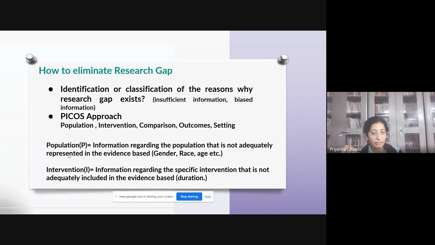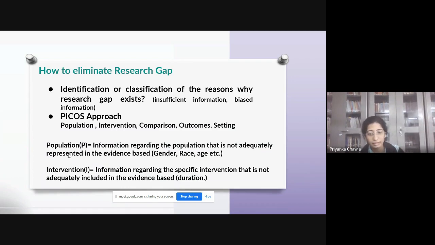Based on intervention, intervention means some duration. Somebody has done the study between 2008 and 2018, but now after the COVID era, the trend has changed. After 2019-20, the trend has changed. So you can relate this with the past time period.